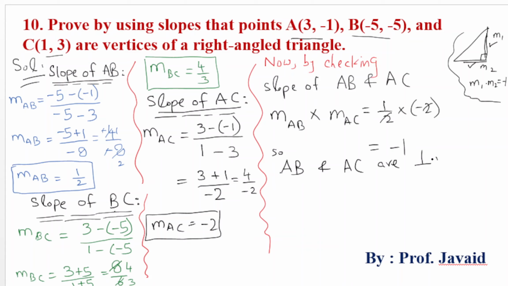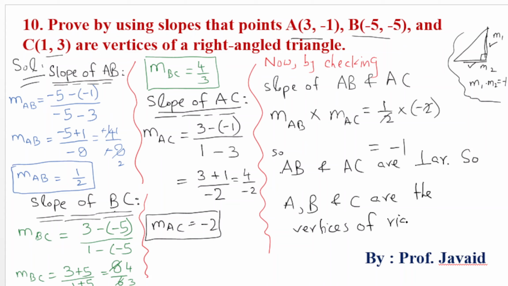This is the sign of perpendicular. So A, B and C are the vertices of a right triangle.